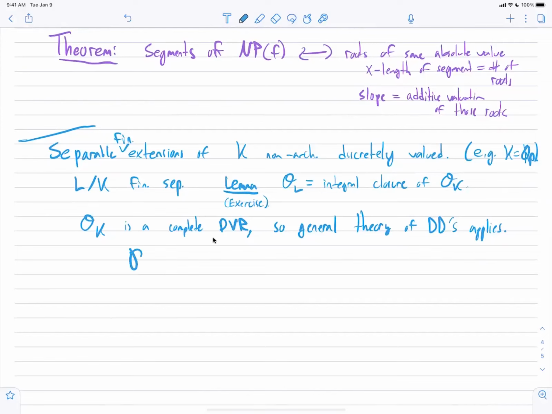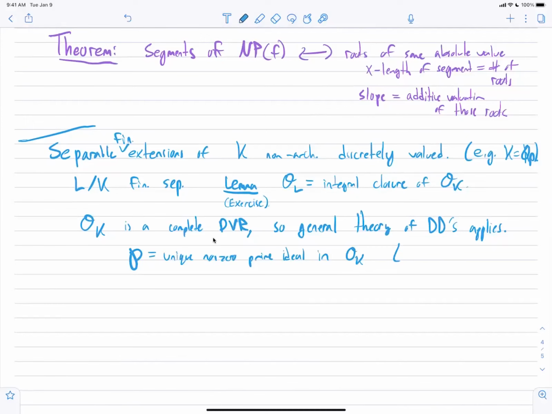And so if P, I think I wrote this earlier as M, is the maximal ideal, so the unique non-zero prime ideal is maximal. It's unique because this is a DVR, not just an arbitrary Dedekind domain.